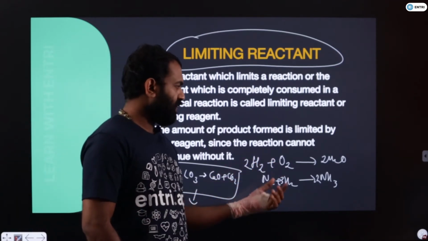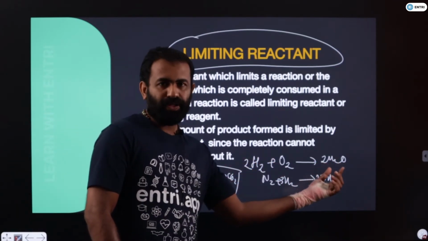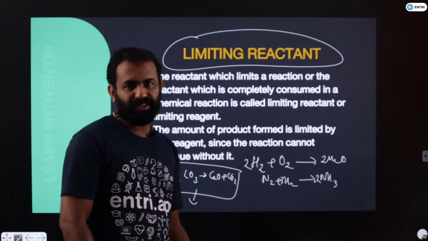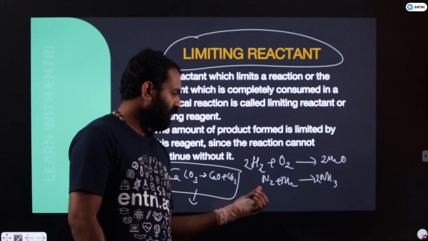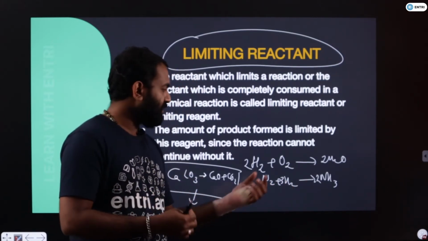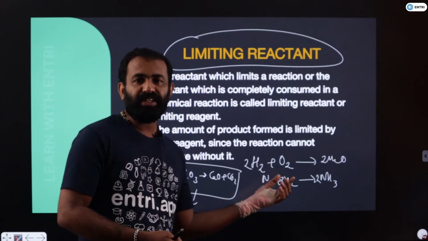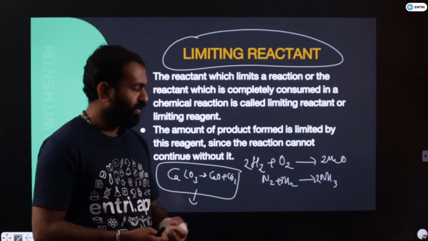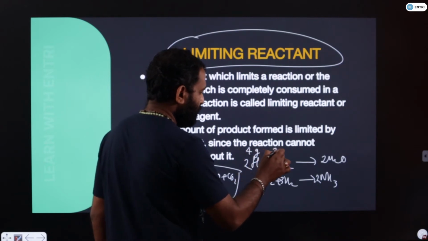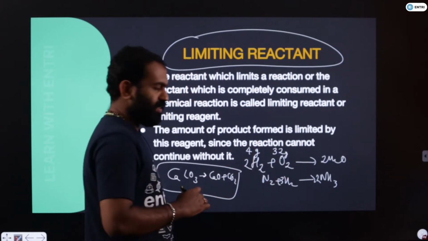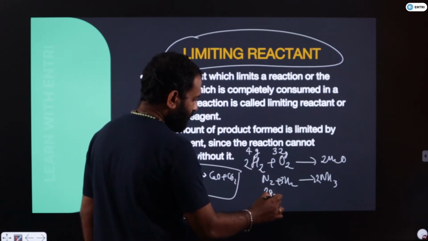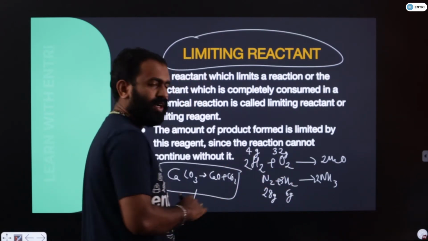But in these two cases, the amount of product water is based on the amount of hydrogen and oxygen, and the amount of ammonia is based on the amount of nitrogen and hydrogen. So there is a chance of limiting reactant and excess reactant. Stoichiometrically, 4 gram hydrogen needs 32 gram oxygen. Here 28 gram nitrogen needs 6 gram hydrogen.